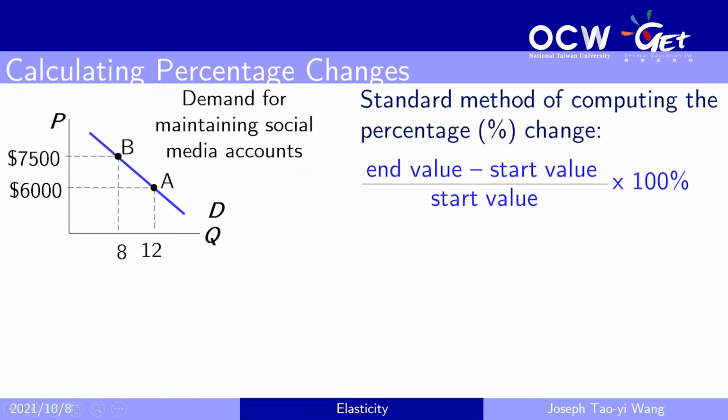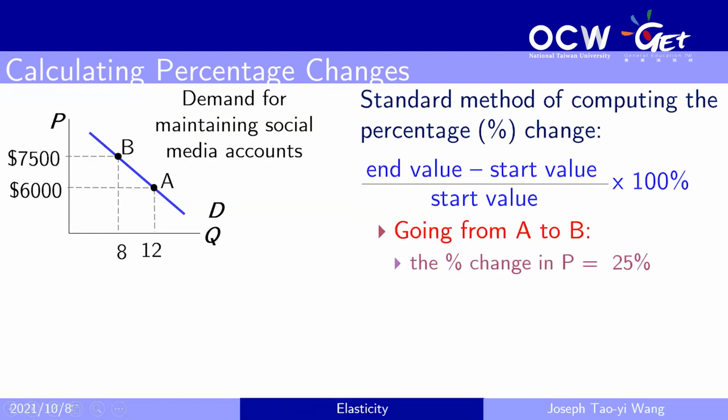So, for example, in the story that we talked about, you go from point A to point B. The percentage change in prices going from $6,000 to $7,500 is 25%. However, the change in quantity going from 12 websites to 8 websites, that's a drop of 1/3, 33%.